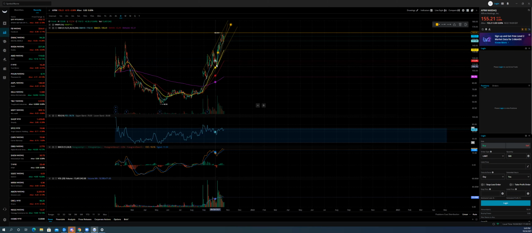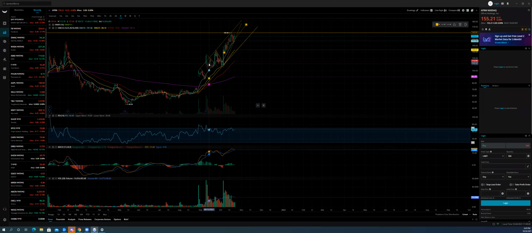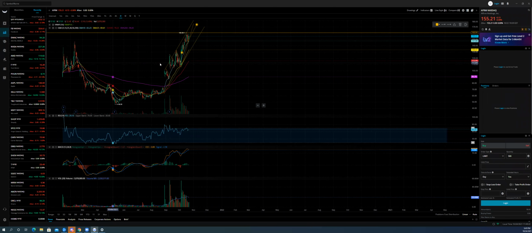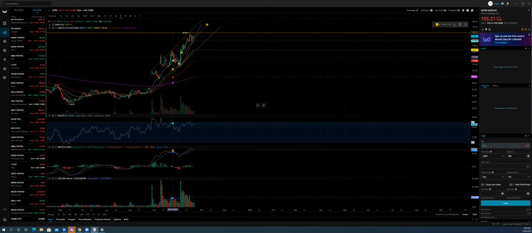Then right here is your handle, and then it pushed up higher. So as a trader, if you were looking at this, that was the pattern that you would have seen. And you say, hey man, I'm gonna take some calls right in here. That's why a lot of traders out there saw this pattern right here. They saw the handle, and then you see the volume came in, and then the cup pushed it all the way from 111 up to 160.